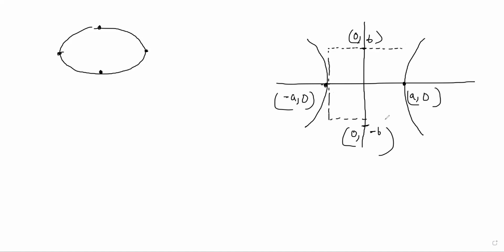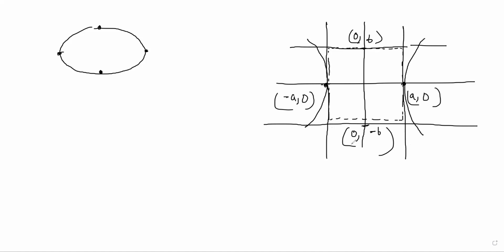It means it defines the width of the hyperbola. By width of the hyperbola, what I mean is this: if I make a line parallel to the x-axis passing through b and through minus b, and lines perpendicular to x-axis passing through a and minus a, then you will get a rectangle, right? Rectangle has width here 2b and here 2a.